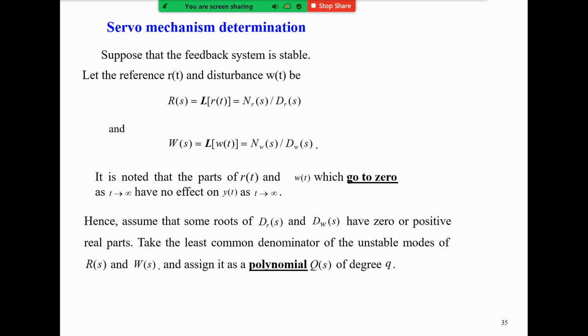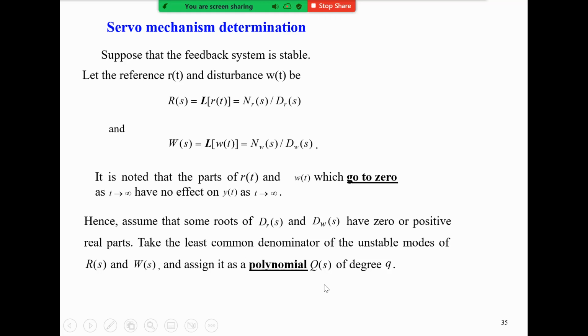You want to make the output follow the desired one when the disturbance is 0, and another problem is that, okay, you want to make the output go to 0 when there is a disturbance. They said, okay, are you going to give us the 2 solutions? No. The servo mechanism means, okay, the one solution will achieve both objectives. For that purpose, we need to know the unstable factors of both the reference signal and the disturbance.